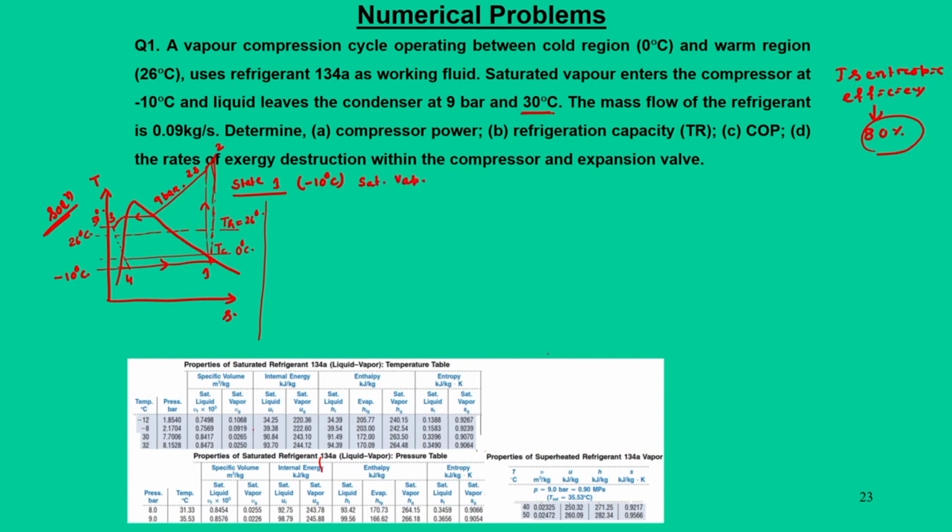So, when it is saturated vapor at minus 10 degree we can refer to this particular table, we have data at minus 8 and minus 12 degree centigrade. So, all these data need interpolation, enthalpy, entropy. So, by interpolating this data at state 1 we can find out H 1 as 241.35.